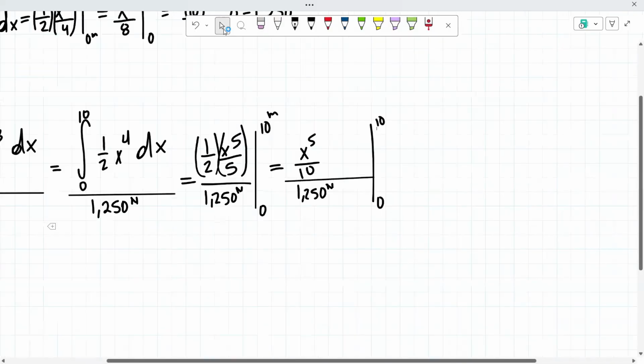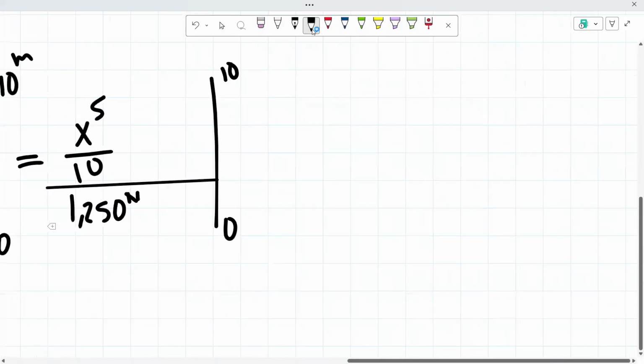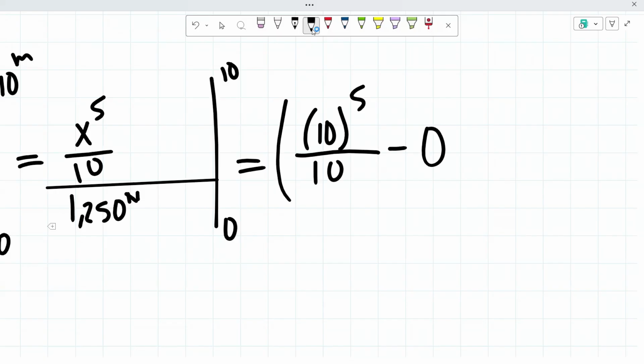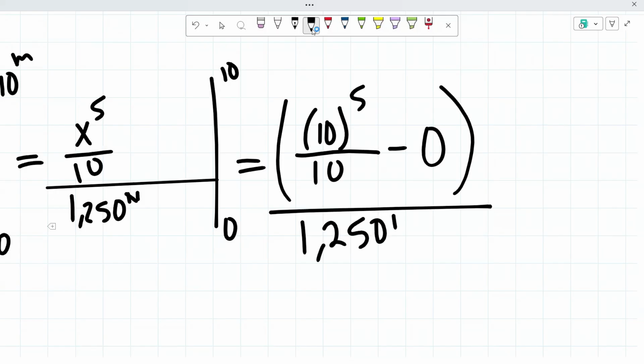And then if we simplify that down again, we would end up getting 10^5 over 10 minus 0, all over 1,250 newtons.